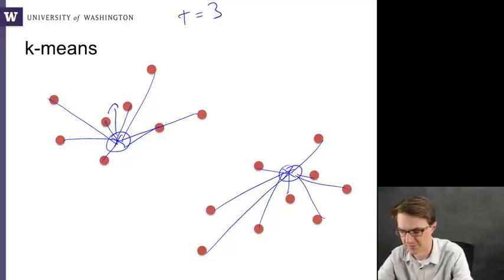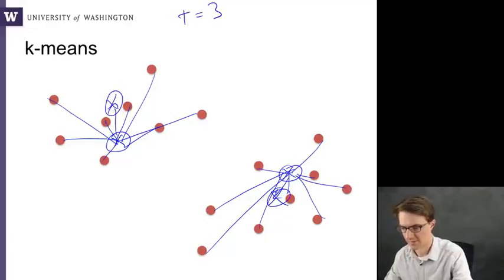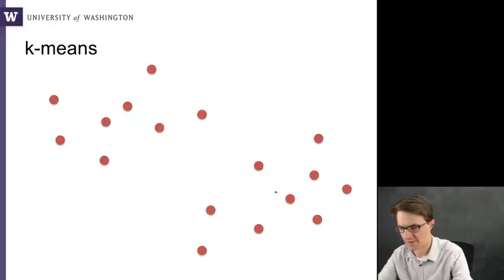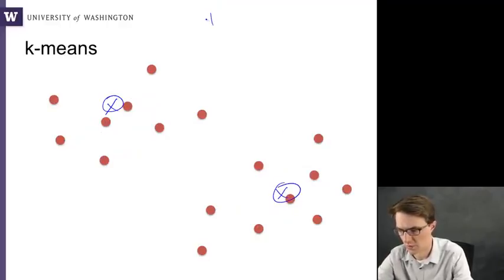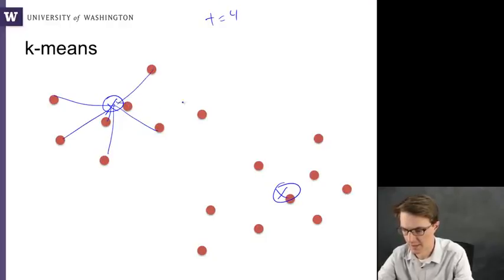So this one will finally shift into the middle here, and this one will finally shift perhaps a little bit this way. And then at time equals 4, we can repeat once more and find that the centroids in this case don't move that much on the next iteration.